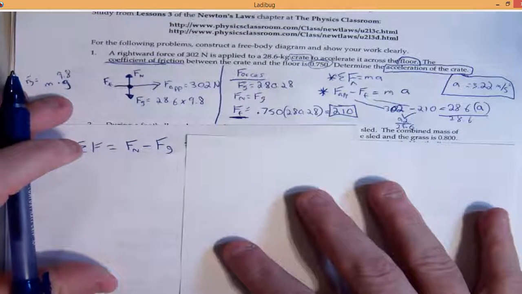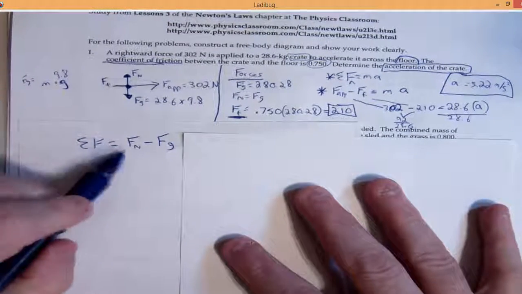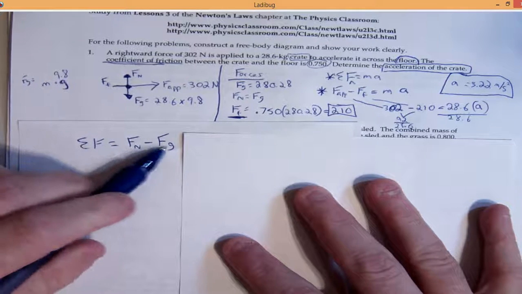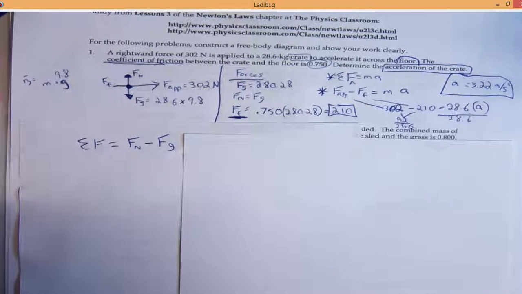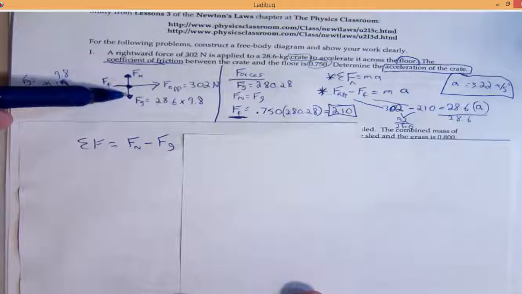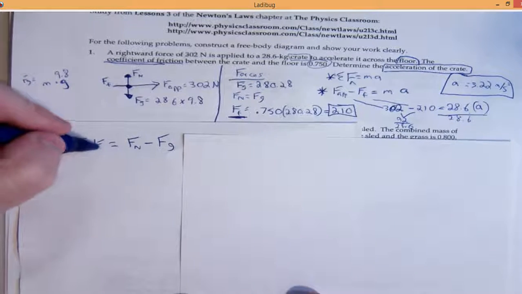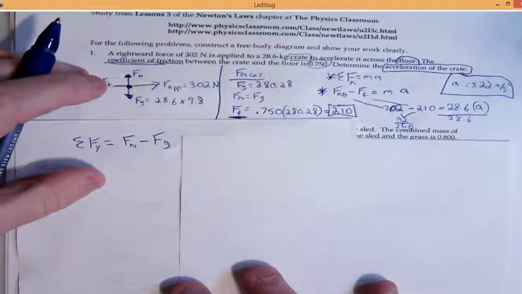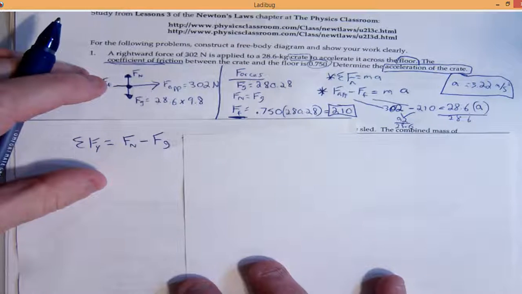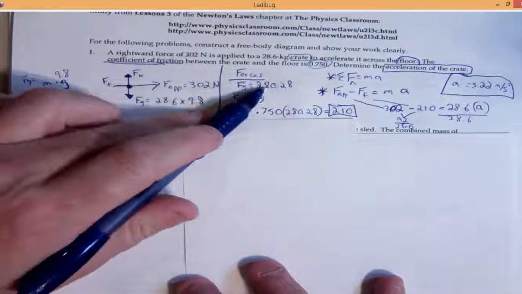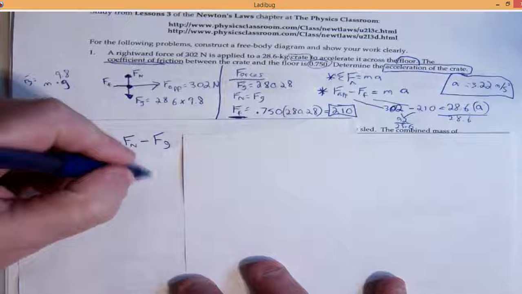Our overall force equals the normal force minus the force of gravity. We know that the object is not moving up or down, right? So we're talking about our up and down, our y force. So we know that our force of gravity is, what did we say it was? 280.28.